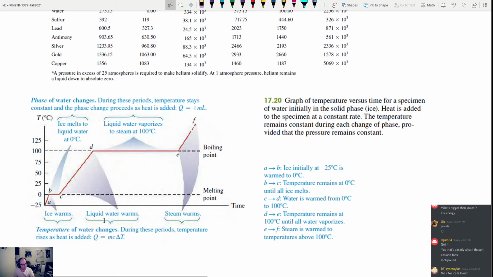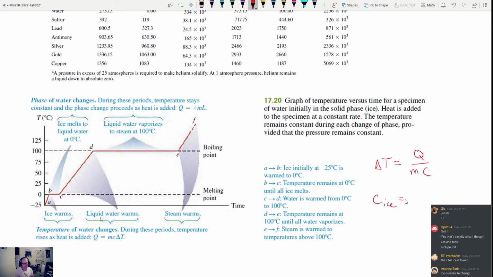Yeah, the specific heat of ice is lower, exactly. So the temperature change is always proportional to the inverse of the specific heat, right? And the specific heat for ice is something like 2090, and we know the specific heat of water is like 4190. These numbers might not be exactly right. So it turns out that it's actually easier to heat up ice than it is to heat up water.